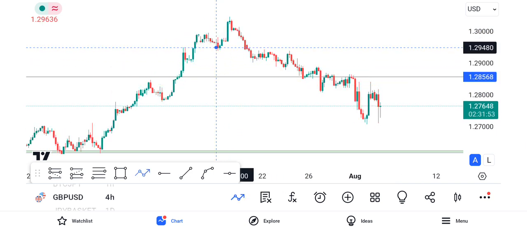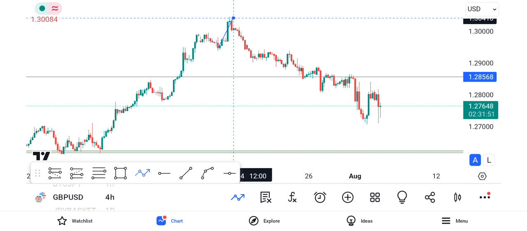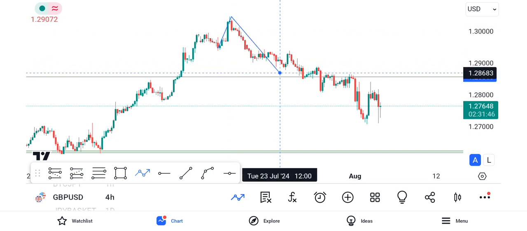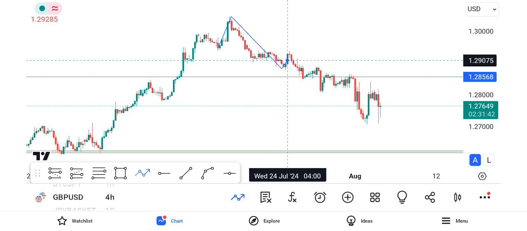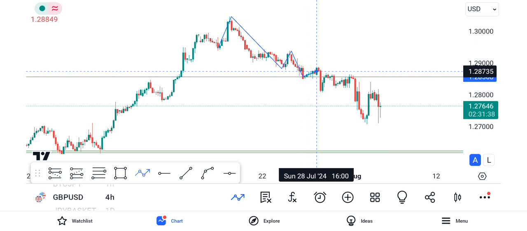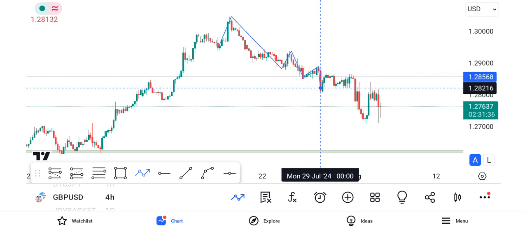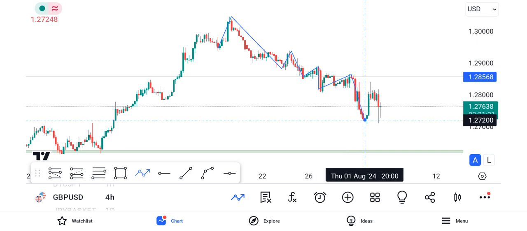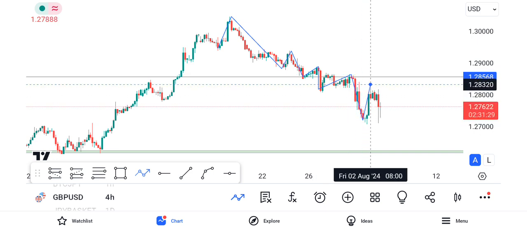It's giving us a high, a lower high, a lower low right here, some more right here, a lower low, a lower high, lower low, which is a bearish structure.